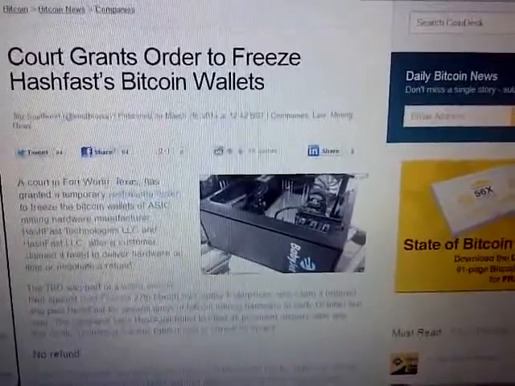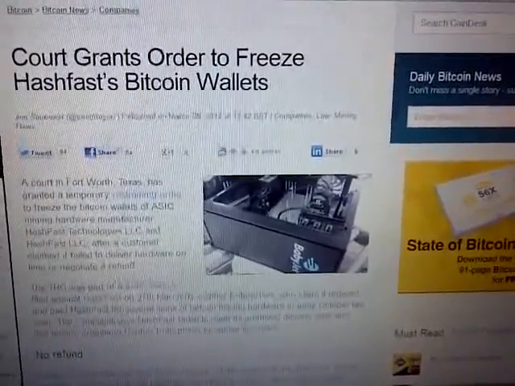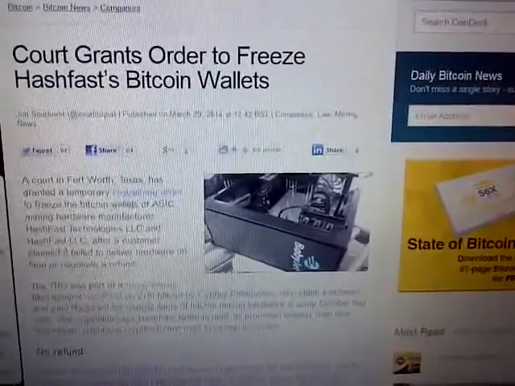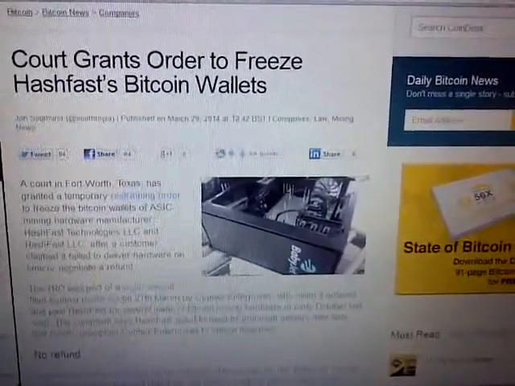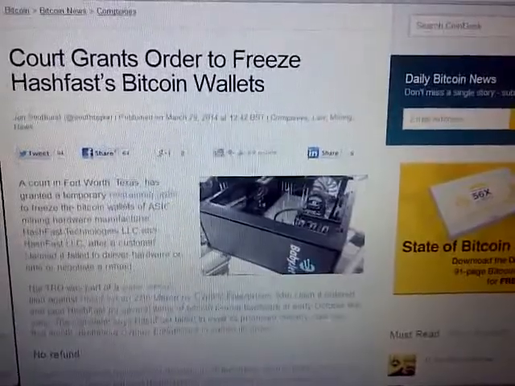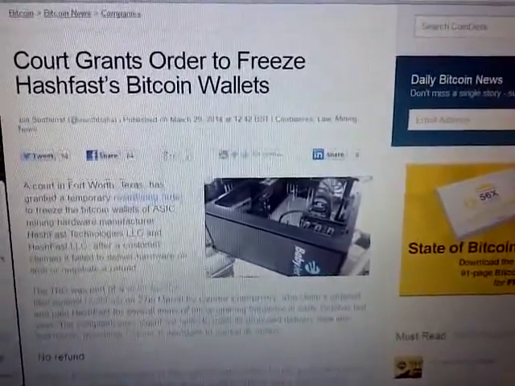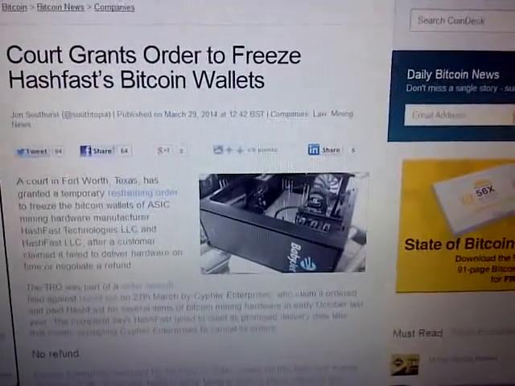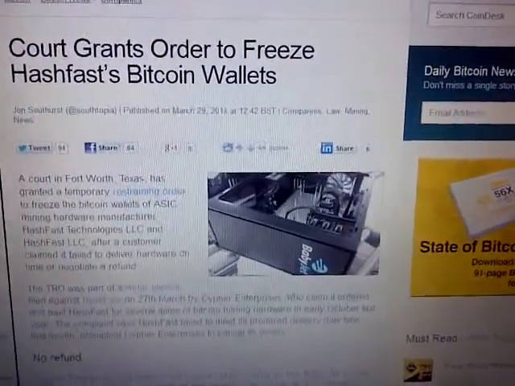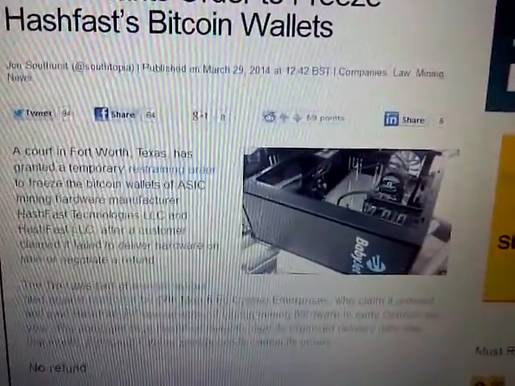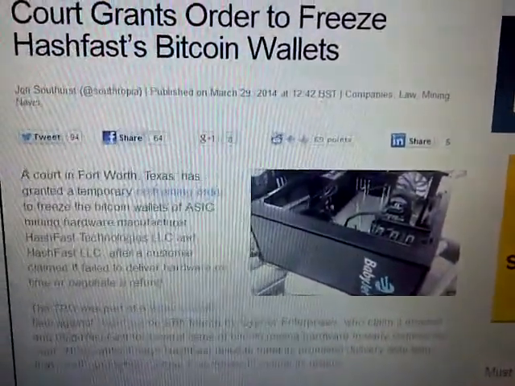The great thing about Bitcoin is that it is somewhat anonymous, but at the same time it can be very, very private. You'll see things going on, but you don't know the reason why. It's just going on. A lot of news seems to be happening in Texas regarding Bitcoin and everything.